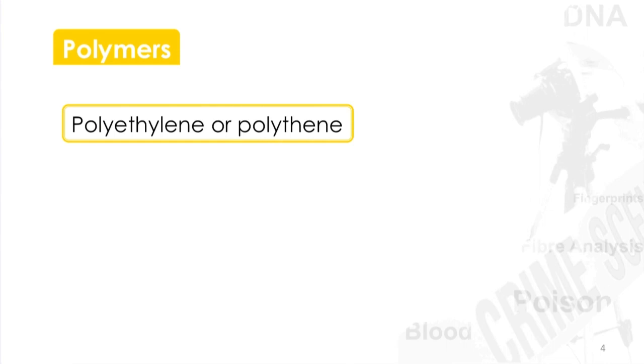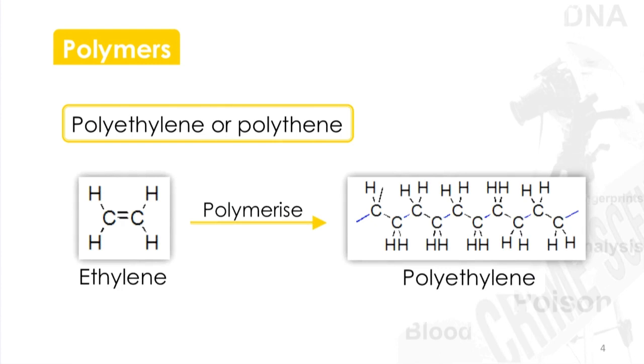So here's an example of a very common polymer that we all encounter every day in our lives, and that's polyethylene, which is better known as polythene. So polythene is the polymer derived from the gas ethylene. Every year, millions of tons of ethylene are polymerized to make polythene for all sorts of uses, including, of course, things like shopping bags.